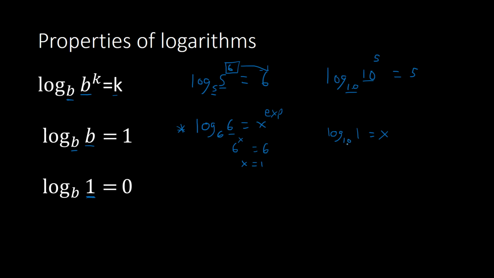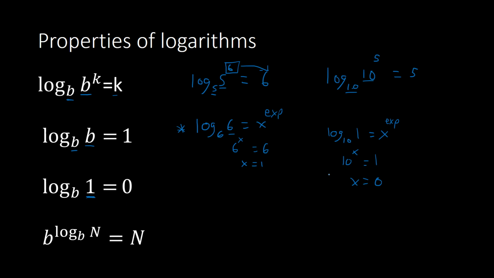Then the base is 10, to the x power, because that's your exponent, is going to equal this other number, the 1. So 10 to what power gives me 1? Well, 10 to the 0 power would give you 1. Anything to the 0 power would always give you 1. So my solution would be 0, and that is the reason.